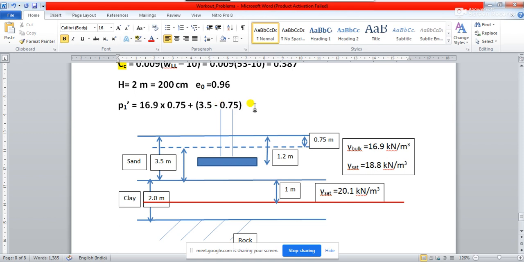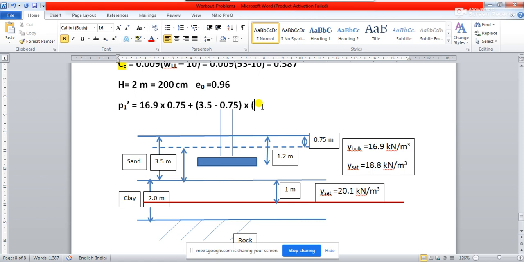Now with this, what should be multiplied? What will be the unit weight of soil for this? 18.8. So submerged unit weight. Yes. So 18.8. Someone has told 18.8.